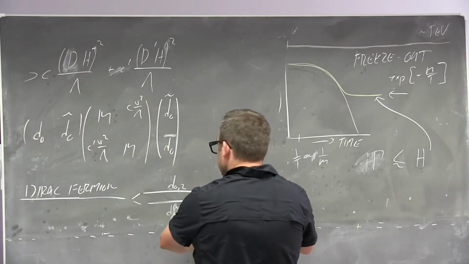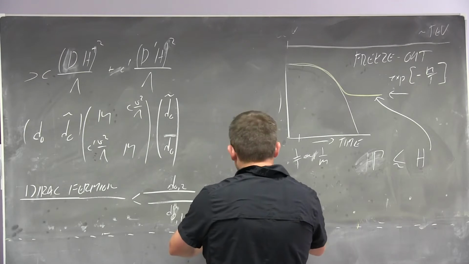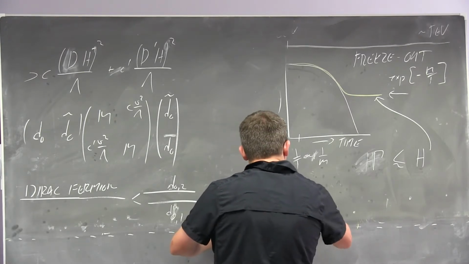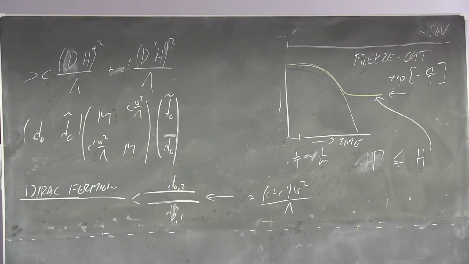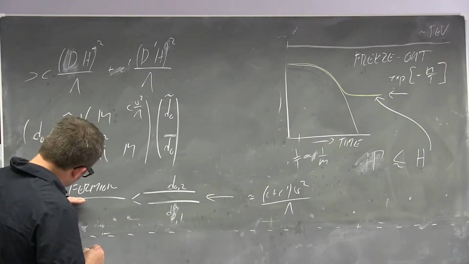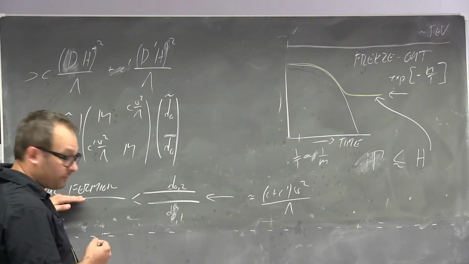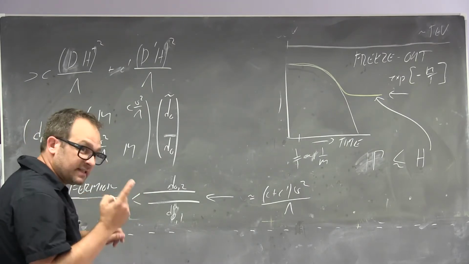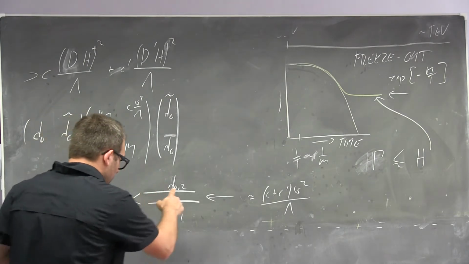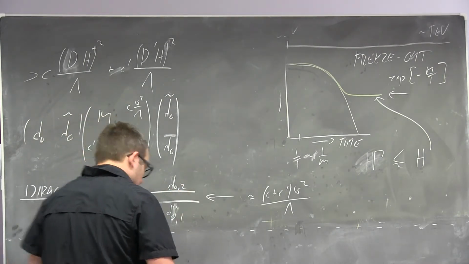So basically the splitting is given approximately by (c plus c prime) v squared over lambda. Now, my dark matter, which was previously a Dirac fermion and had a full strength coupling to the Z, is split into two states, of which the Z is only able to talk to the 2 and 1 state.